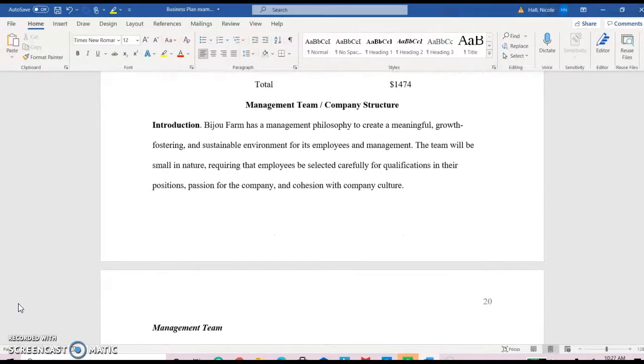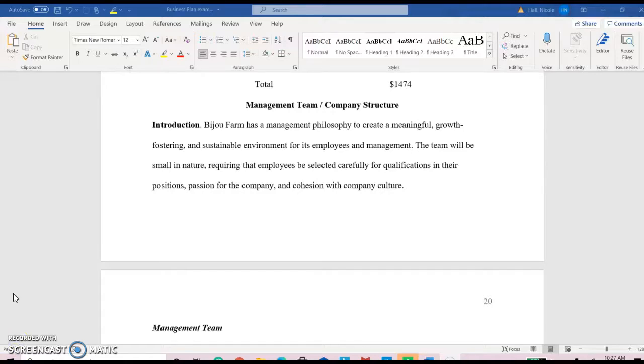and next we're going to talk about the management team and company structure. This part of the business plan is divided into 5 sections: management team, board of directors, board of advisors, other professionals, and company structure. The section should be crisp and to the point.